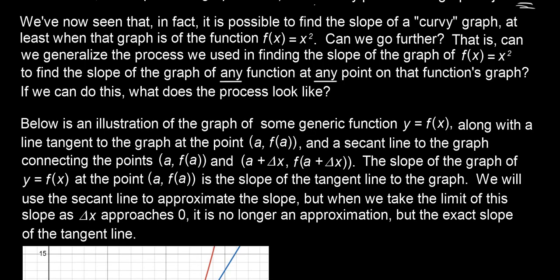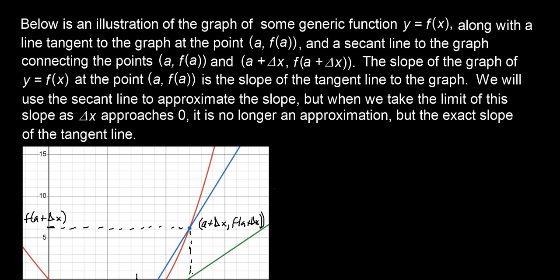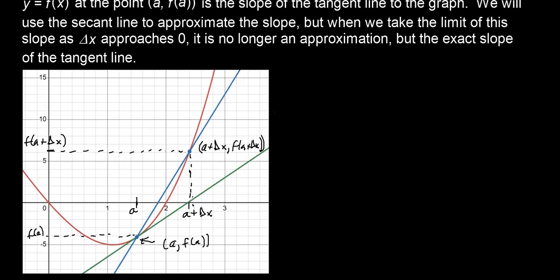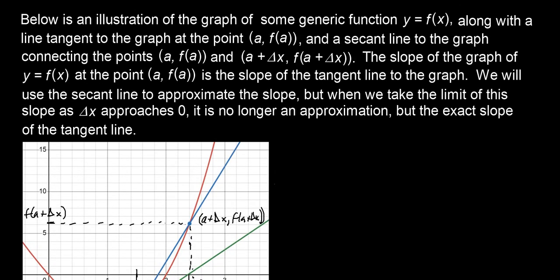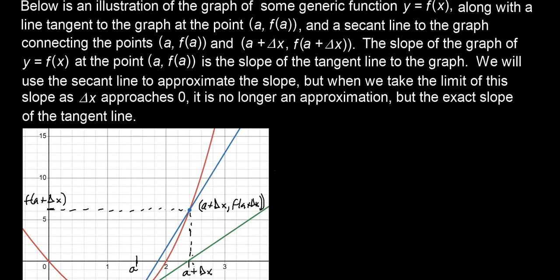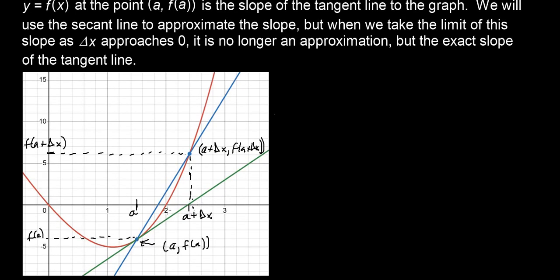Okay, so below, I've taken the liberty, using Desmos, of drawing a graph of some generic function f of x. The red graph is the graph of the function y equals f of x. I've also drawn a tangent line to that graph at the point a, f of a. The green line we're seeing is that tangent line.